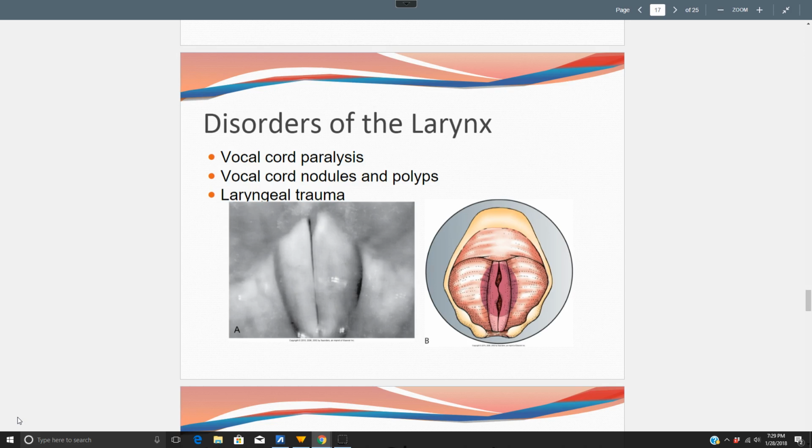Remember last week we talked about laryngoscopies. This is where they would scope the larynx to do a direct visual exam to assess the injury and then make the diagnosis. Again, we're watching airways, providing O2 and humidity, and looking for signs and symptoms of any respiratory distress. Sometimes surgical intervention is necessary, and again, maybe an artificial airway may be needed.